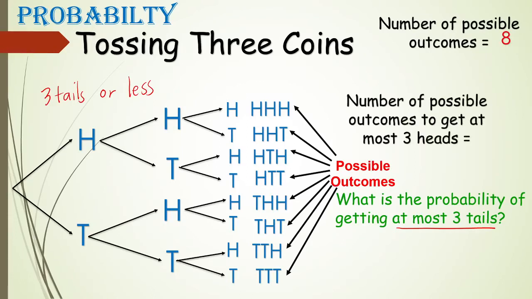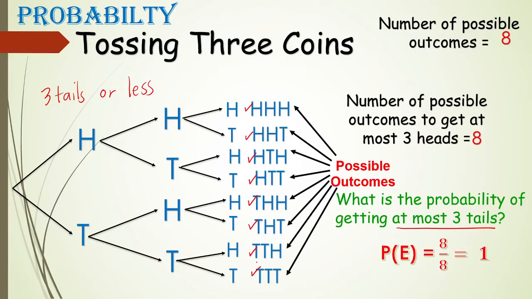Now my question is, how many possible outcomes are there to get at most 3 tails? 8. Let's check. Why 8? Because all of these are okay for getting at most 3 tails. That's correct. So what's the probability now? 8/8, that's simply equal to 1.